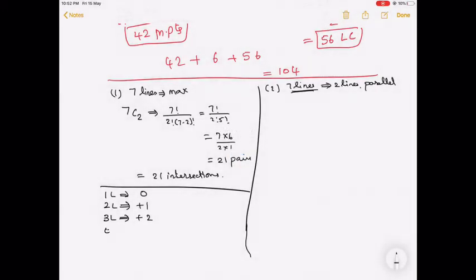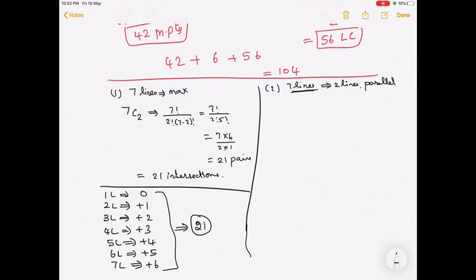The fourth line will have 3, the fifth line 4, and the sixth line 5 new intersection points. The seventh line will intersect with all the 6 lines and bring in 6 intersection points. So totally, if I sum from 1 to 6, I will have 21 meeting points. So I can solve this problem in either of these two methods.